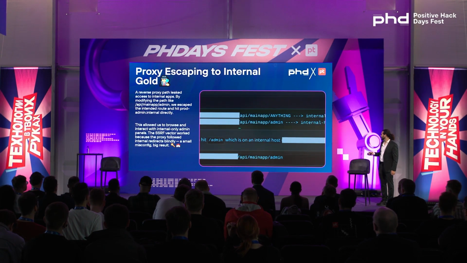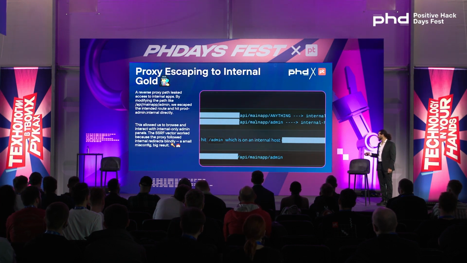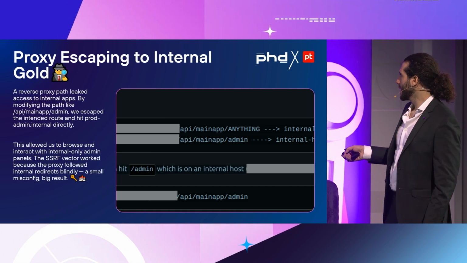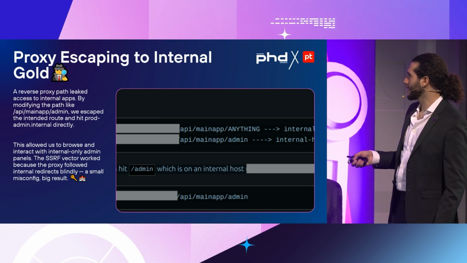So what happened here is that host/API/main app/anything is pointing to an internal application. And then when we send it another thing instead of anything, we send it admin, it's hitting internal-admin internally.